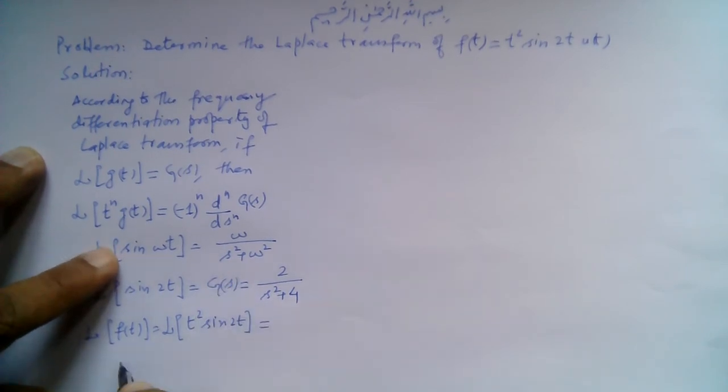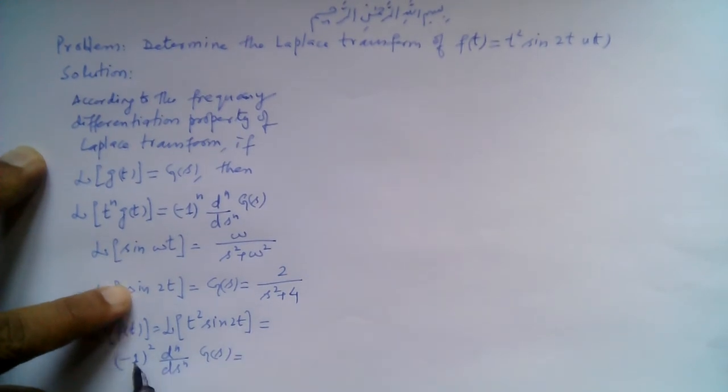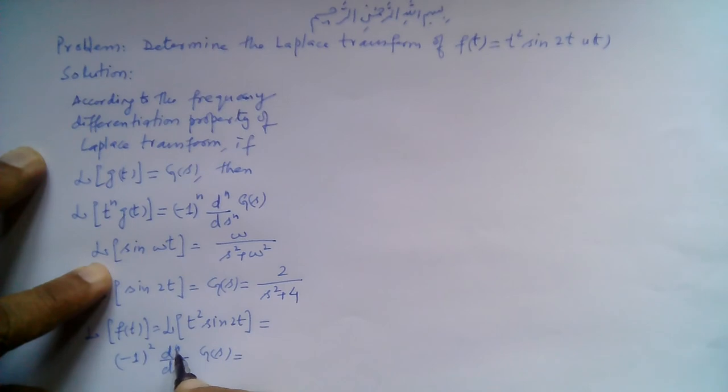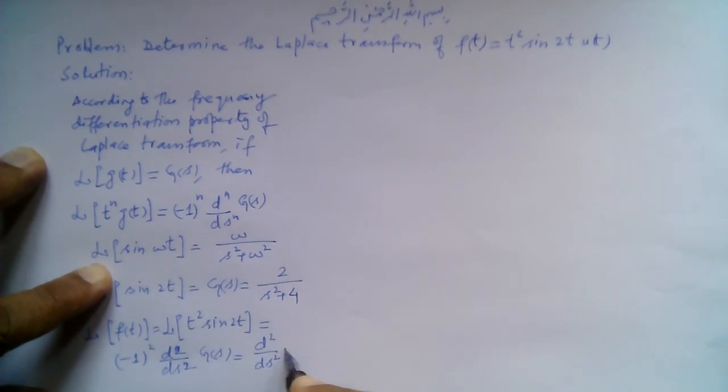So this is (-1)² times d^n/ds^n of G(s). So the second order derivative. (-1)² is simply 1. So this is the second order derivative, d²/ds² G(s).